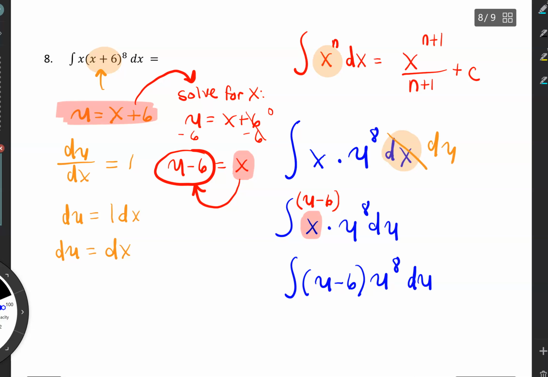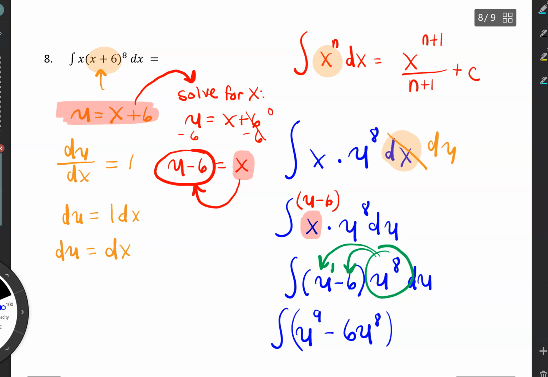And it's still hideous, but did you notice that your binomial is just a plain old binomial with an exponent of 1, so you can distribute that monomial to both terms in the binomial. So when you do that, you end up getting a u to the 1 plus 8, so that would be a u to the 9th, minus a 6u to the 8th, and all of that is my integrand.